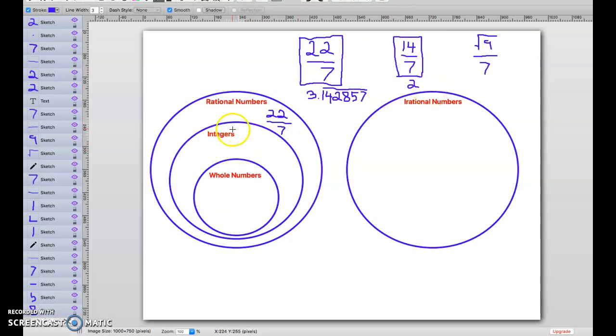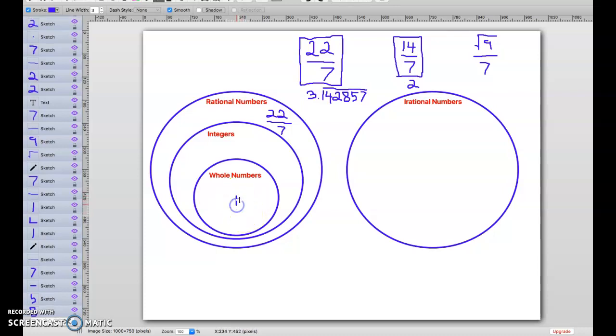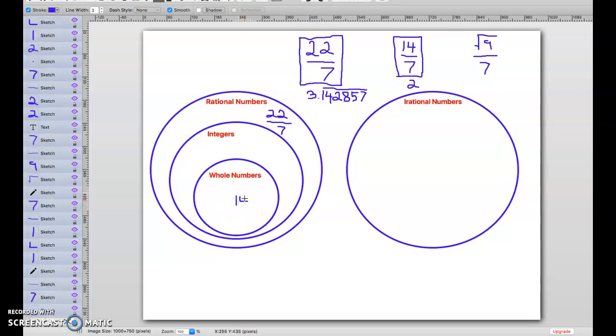So yes, it is an integer. Is it a whole number? Well, is this a non-negative integer? Yes, it is. 2 is positive, so it's going to go right in here. So for 14 over 7, Mr. Khan was correct. He put it in this box right here.